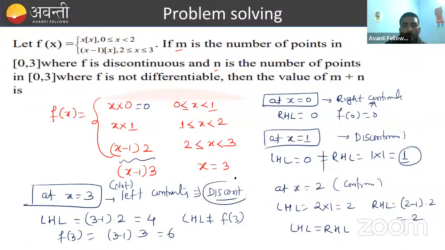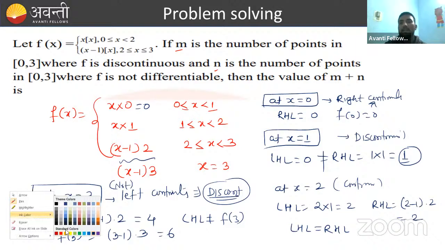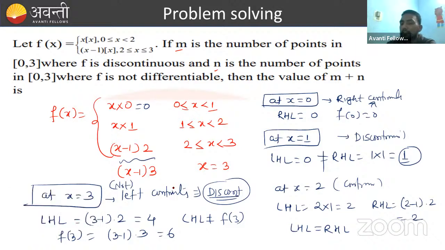Now how many points are there where it is discontinuous? There are 2 points, one at x equals 1 and the other at x equals 3. So what is the value of m? The value of m will be 2. First thing is clear.